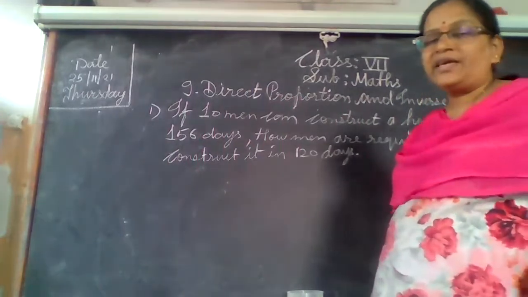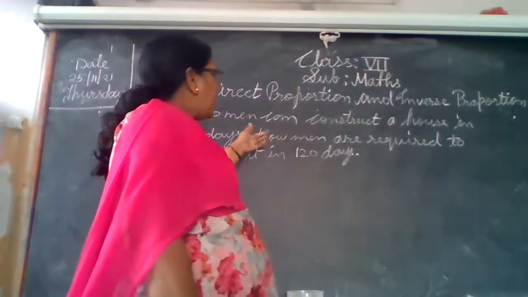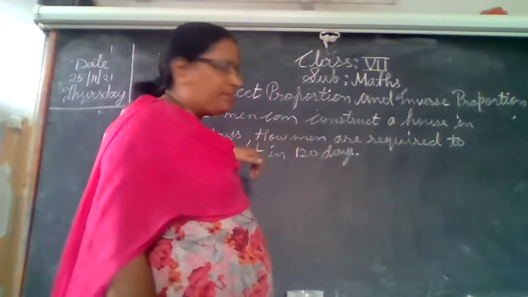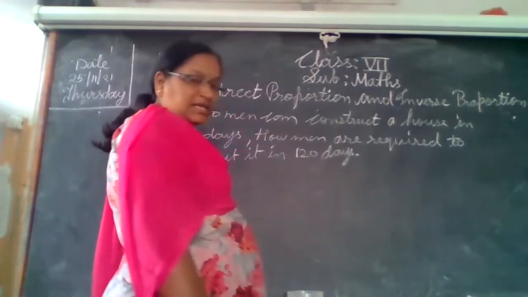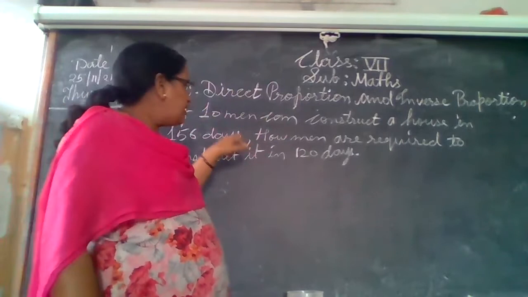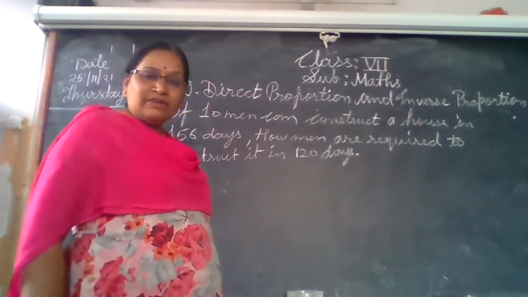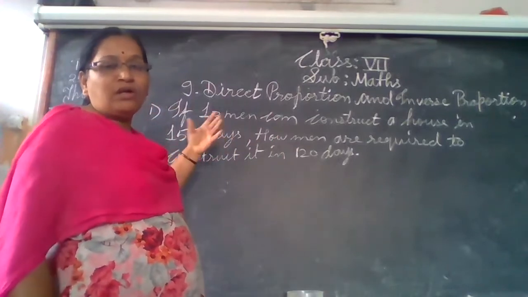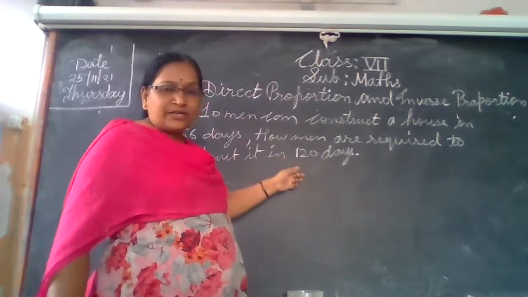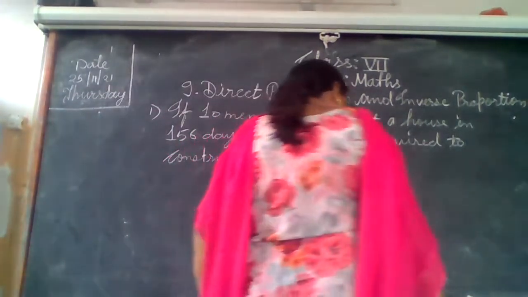See children, day is the unit of time. Day and work: 10 men can construct a particular task in 150 days. So here days are reduced from 150 to 120, which means you need more men to construct it. Here days reduce, so the men will increase.